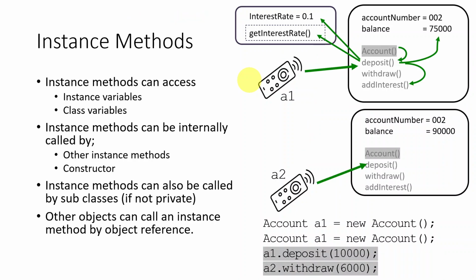Now let's move on to the instance methods. You can call instance methods by your object references. Your instance methods have access to the instance variables and class variables. Also, your instance methods can call other instance methods and class methods.